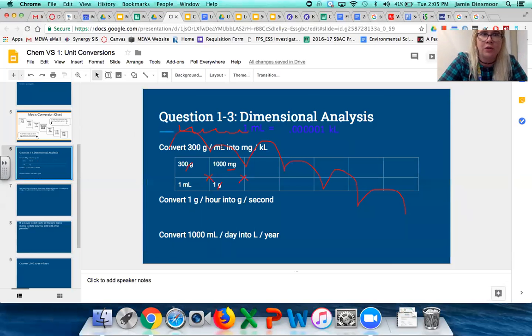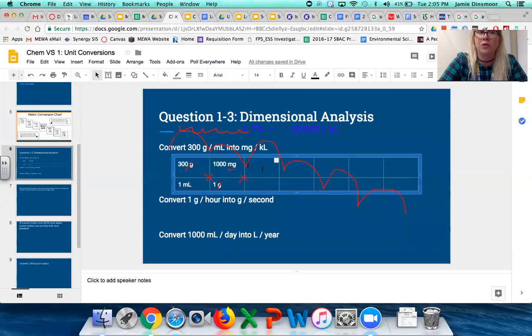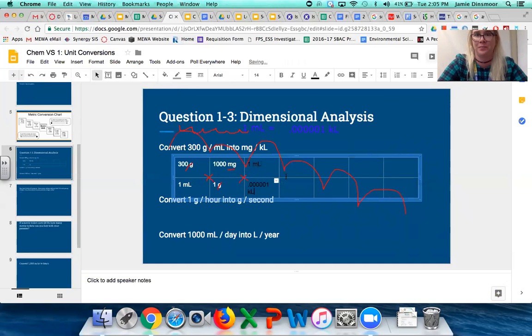What I do in my dimensional analysis then is I use that conversion and I write it so that my units will cancel out. I have milliliters on the bottom, which means I'm going to want it on the top. So 1 milliliter is equal to 0.000001 kiloliters.